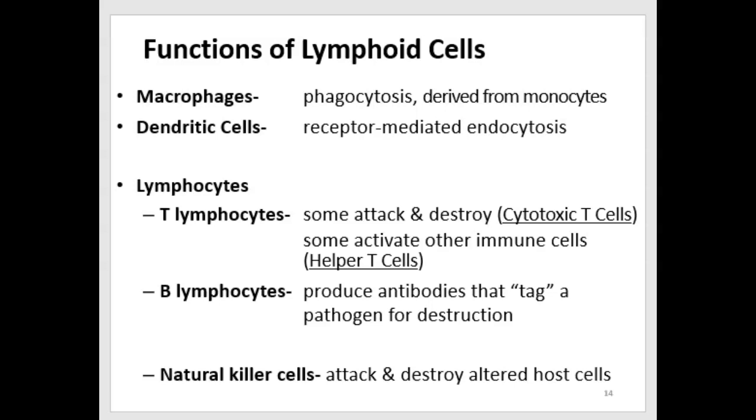And I'll show you that in a second. Then lastly, there are three different types of lymphocytes. T lymphocytes, named as such because they mature in the thymus. B lymphocytes because they mature in the bone marrow. And finally, natural killer cells.